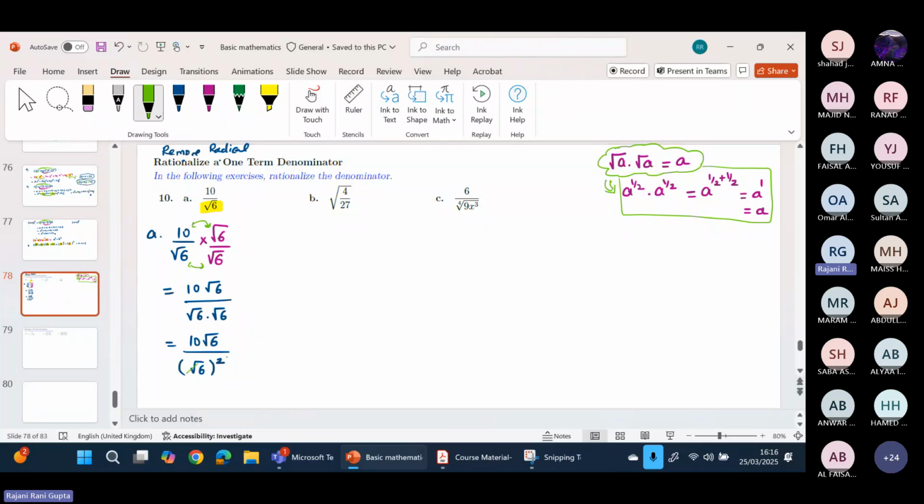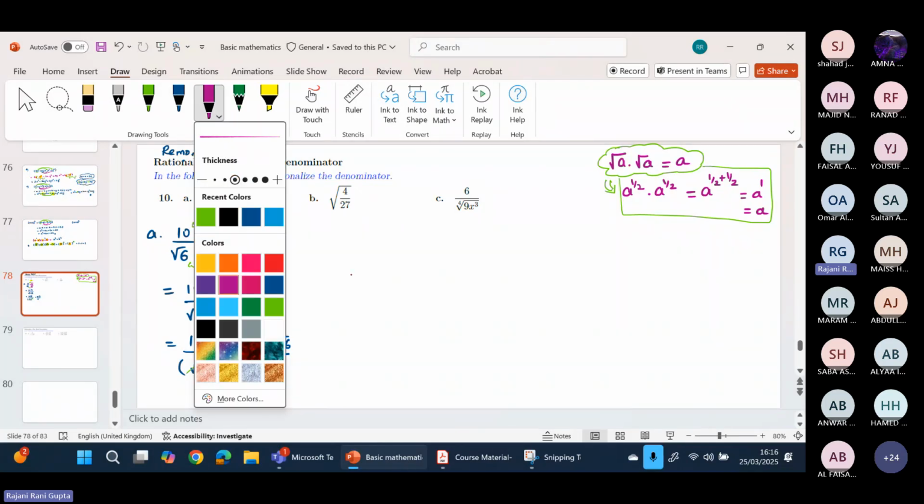Power 2 and root cancel. This gives you 10 root 6 over 6. Now here, don't stop here. Remember in chapter 1, I was always asking you to reduce it to the lowest form.